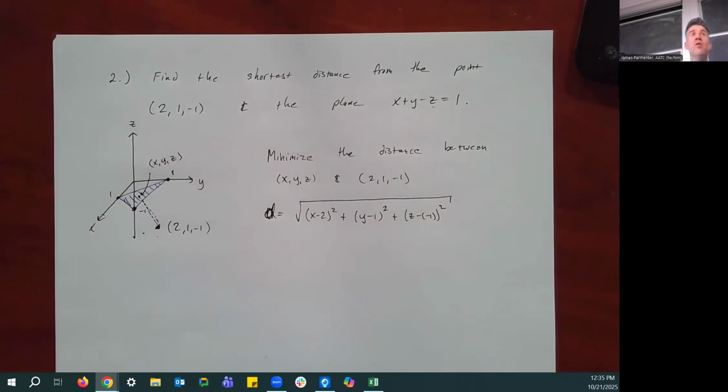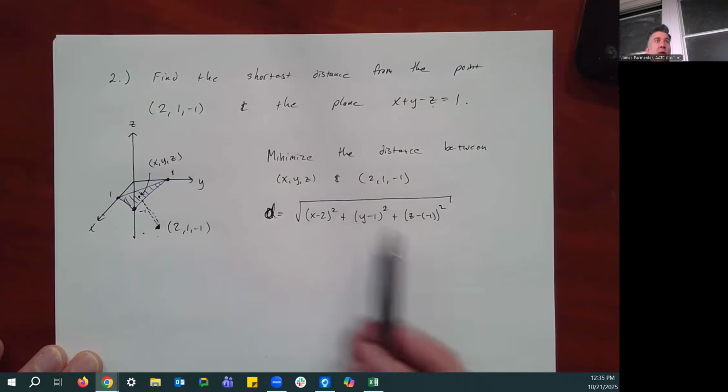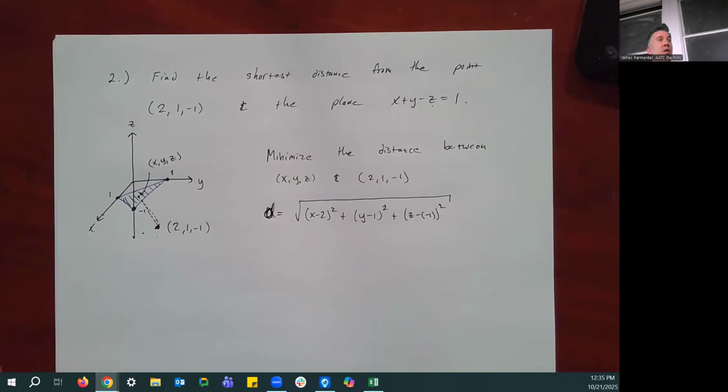Fun fact, useful fact. Instead of minimizing the distance, you can minimize the square of the distance. Let me say this another way. Instead of trying to make the square root of all this stuff as small as possible, you can achieve the same result by making sure that the insides are as small as possible. If the inside of the square root is as small as possible, the resulting square root will also be the smallest possible thing you could have gotten.